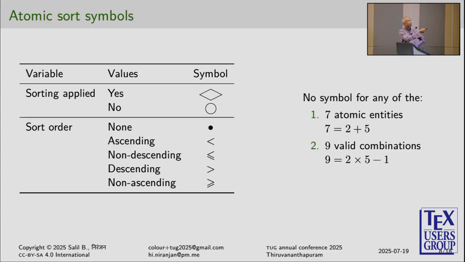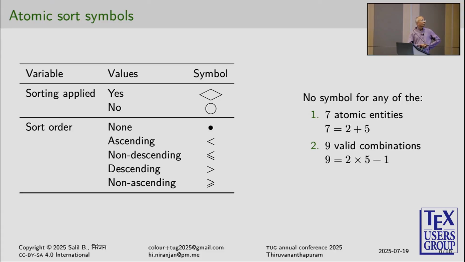And here we propose symbols for these. This symbol is a diamond. It is a combination of the less than sign on the left and greater than sign on the right.